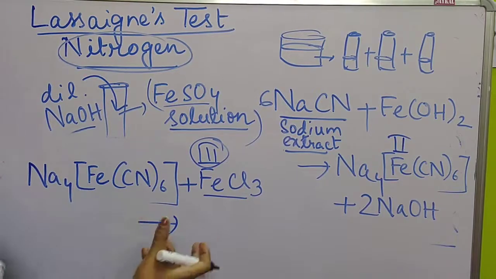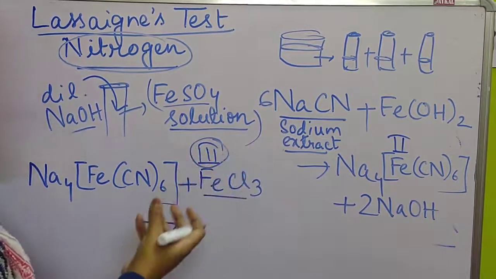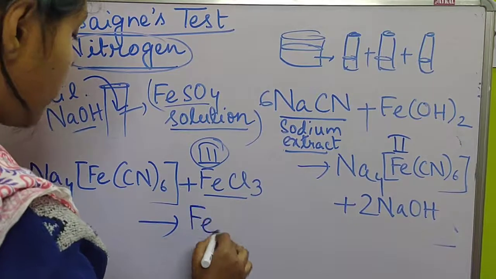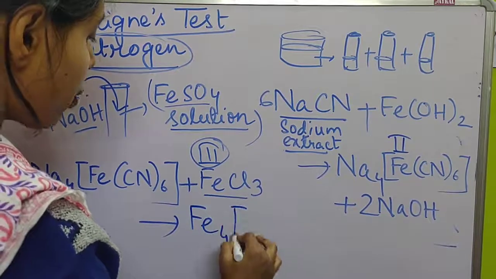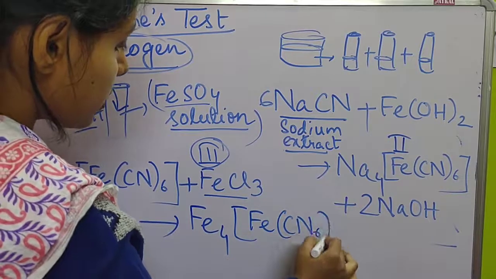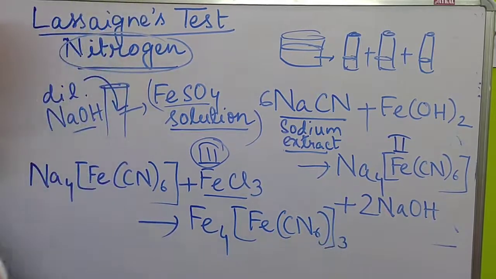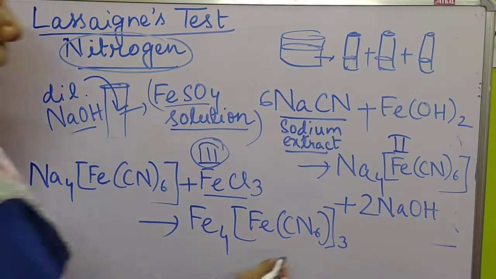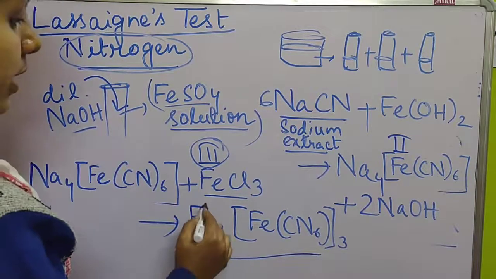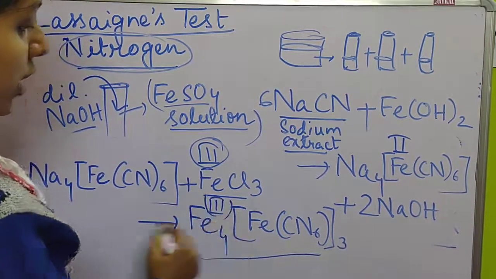After that we will get a Prussian blue color, or a Prussian blue colored precipitate as a product, which is because of this compound Fe4[Fe(CN)6]3. This is known as ferric ferrocyanide, where this iron is in the +3 oxidation state.